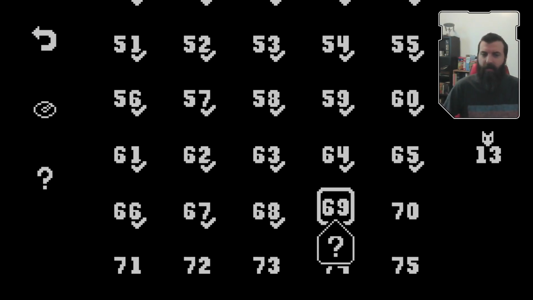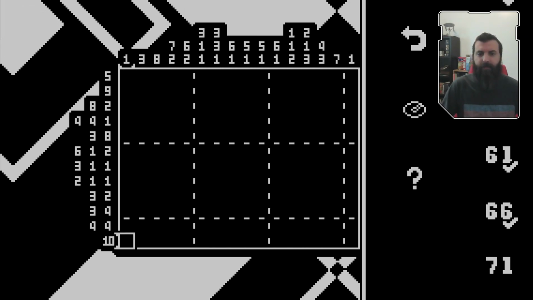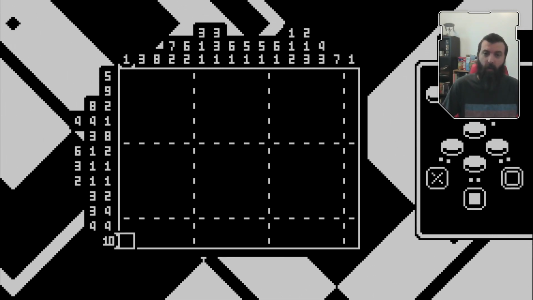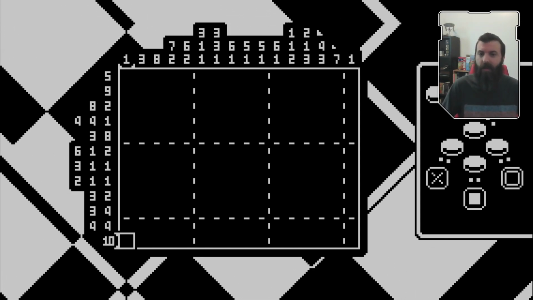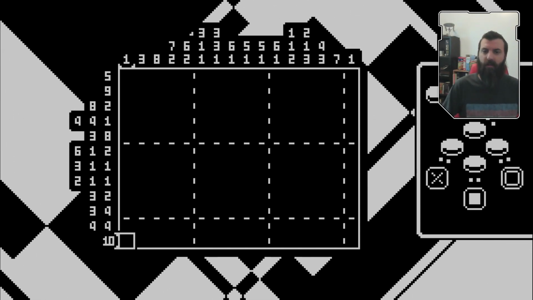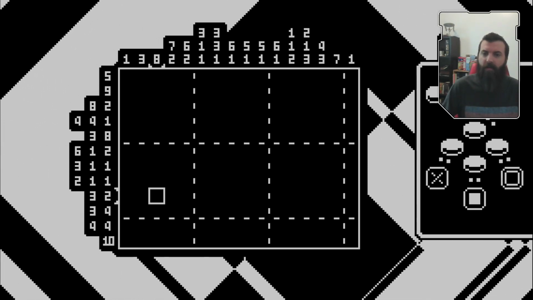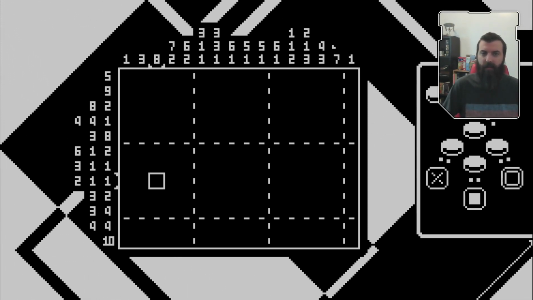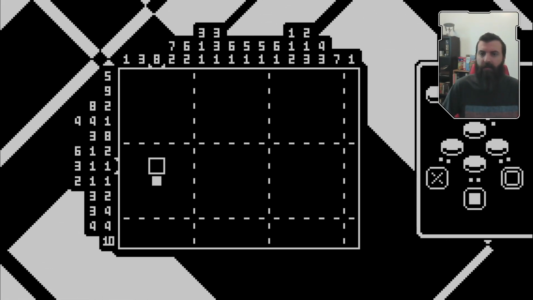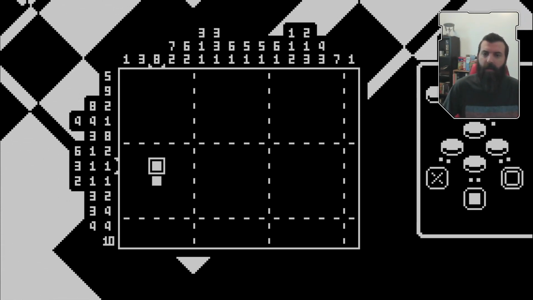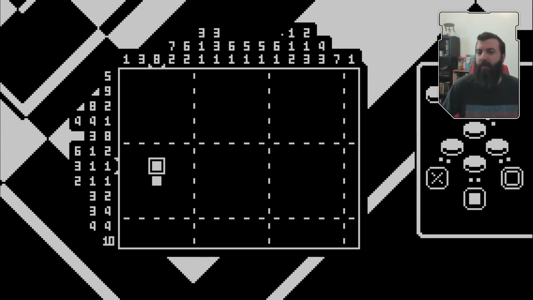On to Nonogram 69. Nonogram 69 is a whopping 16 wide and 12 tall. At 12 pixels tall, that leaves 4 pixels of wiggle room for the vertical pixel. The filling pixel.